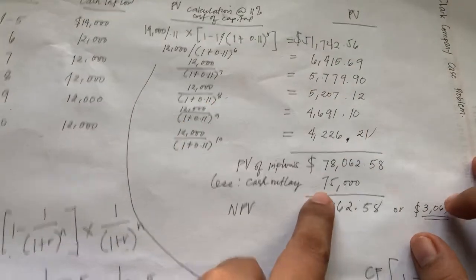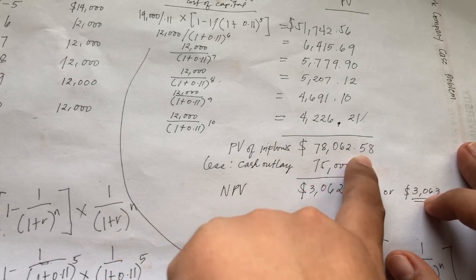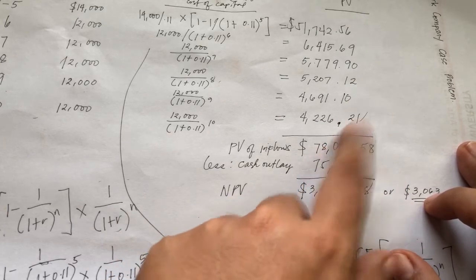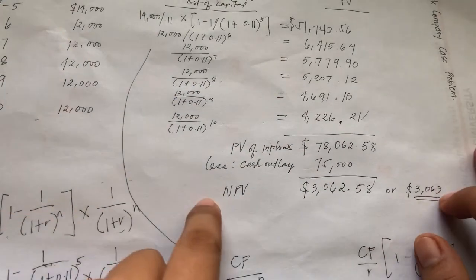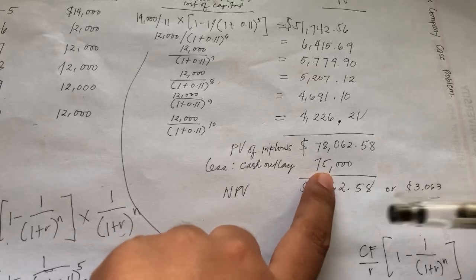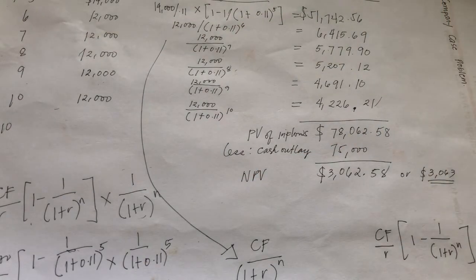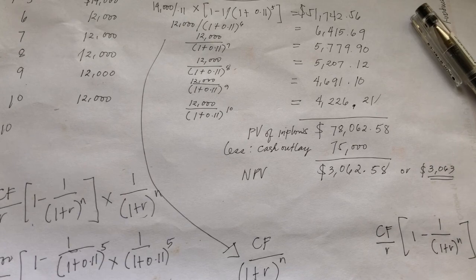Pag idadagdag nyo yan, magiging sagot natin dyan ay 78,062.58. So, tama yung sagot. And then, i-minus nyo lang yung 75,000 na cash outlay ni Clark Company. So, ganun din. Okay? If you have other questions, just raise your questions in our group chat. Bye!